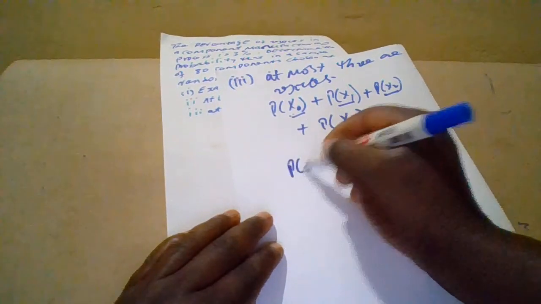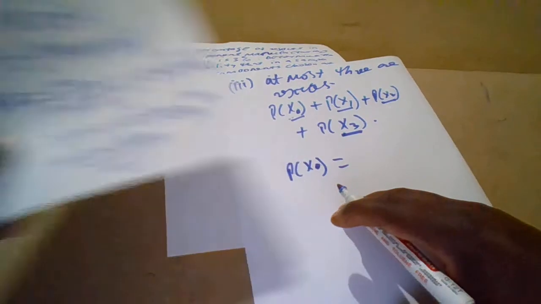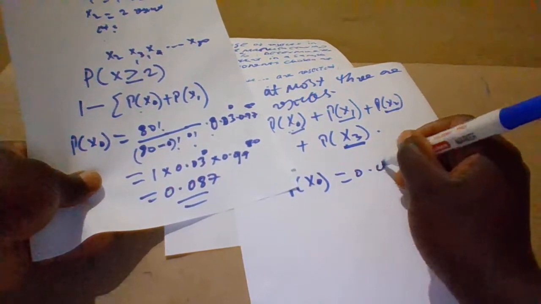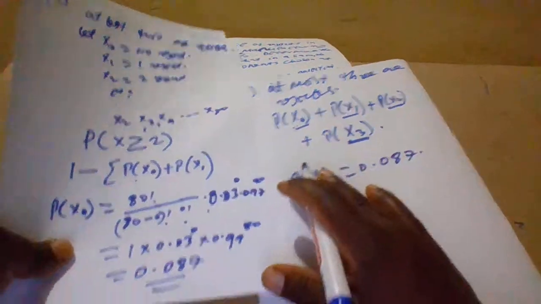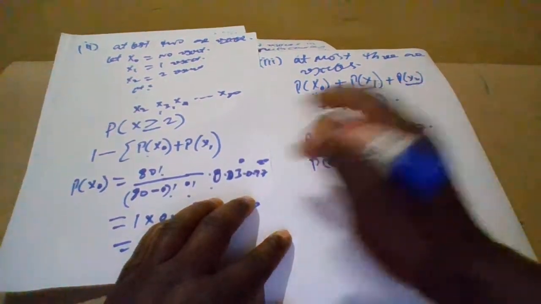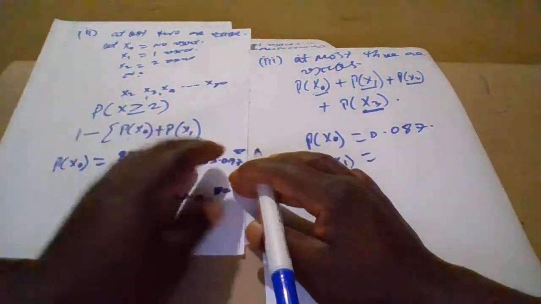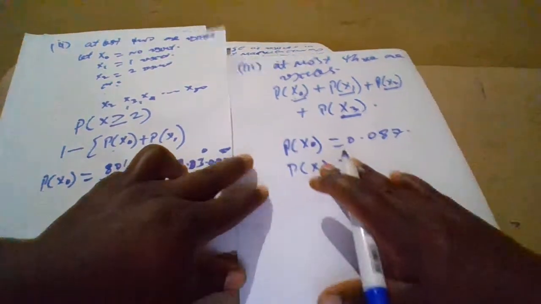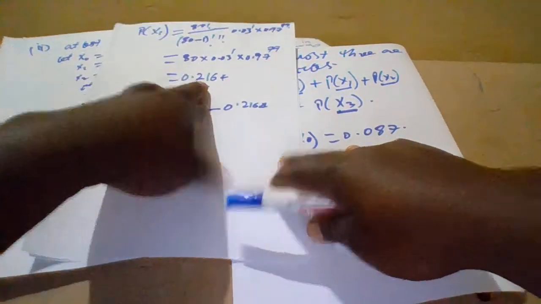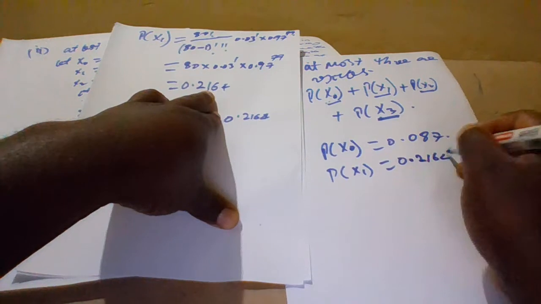From our earlier calculations, x0 equals 0.087, and the probability of 1 reject we have also calculated, which is 0.2164.